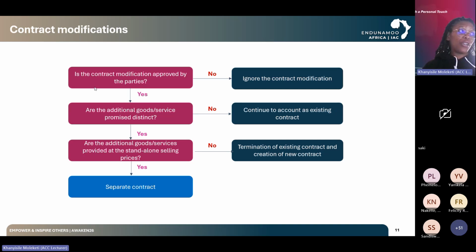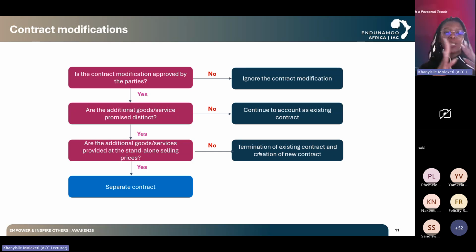So these are additional goods or services, but for these additional 5 bottles, we are charging 20 Rand per bottle. This 20 Rand is not an amount we typically charge. It is a significant discount. It does not represent the standalone selling price. In that case, we said yes here, but no here.